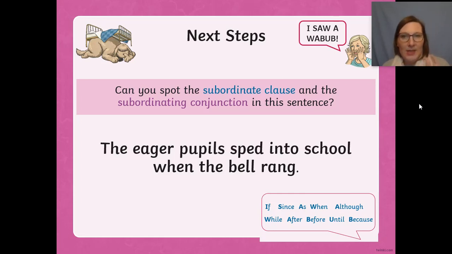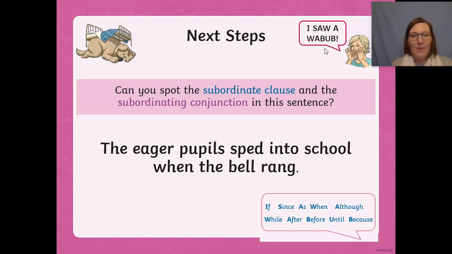And that subordinating conjunction. And I've got a little tip up here with the lady shouting, I saw a wabub. That's going to help you. Remember earlier when you tried different ways to try and remember it? Try and have a think of that now. It doesn't matter if you still can't remember it. That's not a problem. If you want, you can write it onto your worksheet to help you.